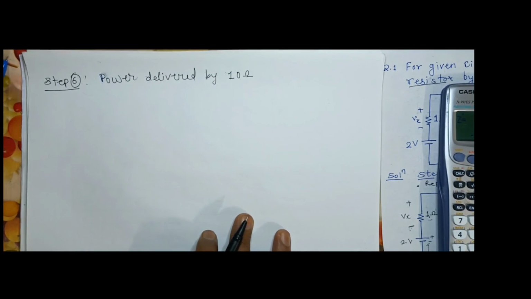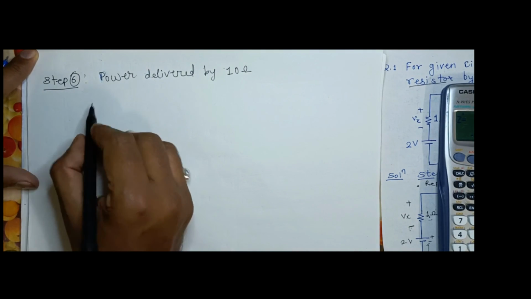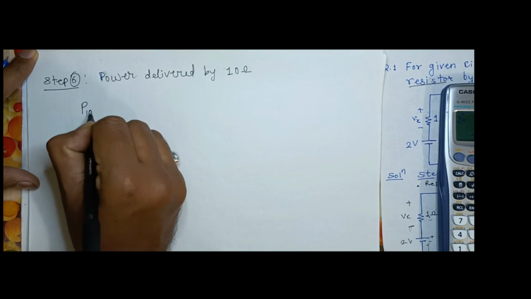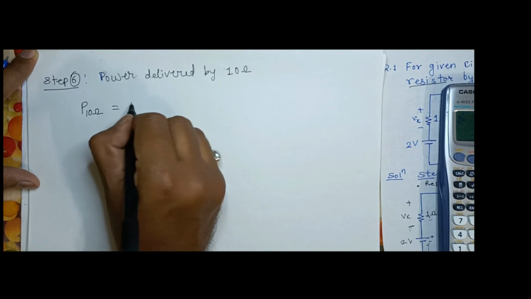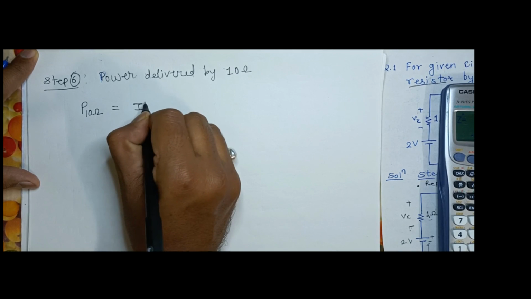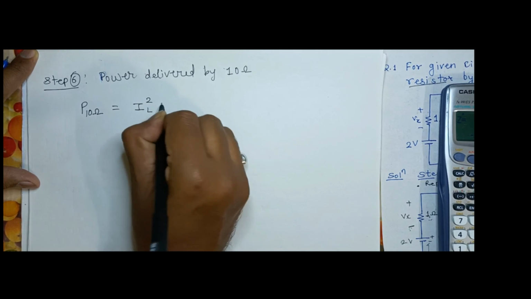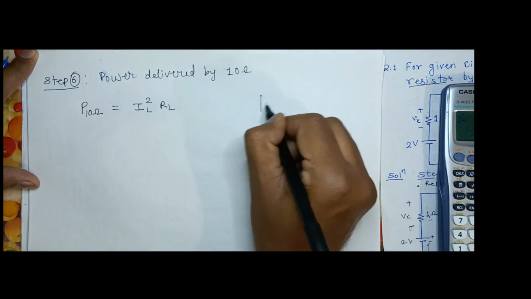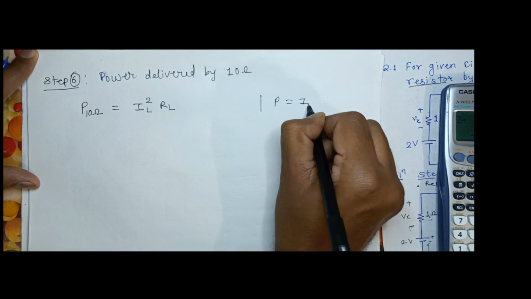Clear? So here P of 10 ohm equals, we have to use the power equation, that is IL square RL. This formula you have to always remember: P equals I square R.